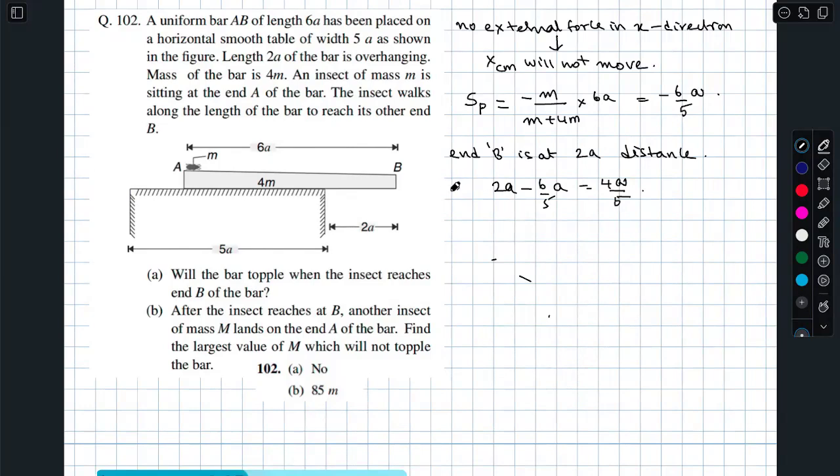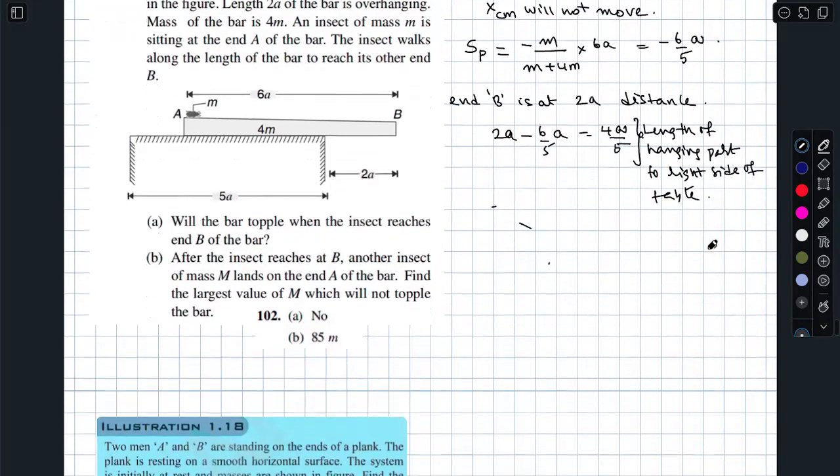Now 4A by 5 means the length of the hanging part. What is this distance? Length of the hanging part, on the right side, to the right side of the table.